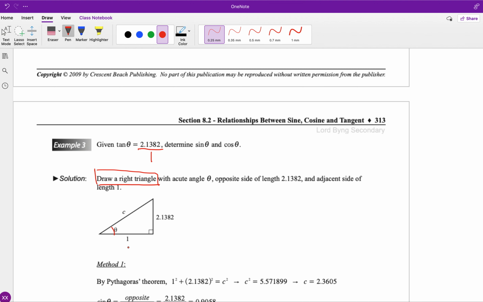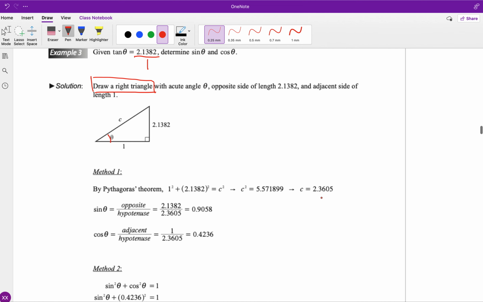Now this time when we calculate c, it is wacko. The example even kept 4 decimal digits. So my goodness, c equals 2.36.